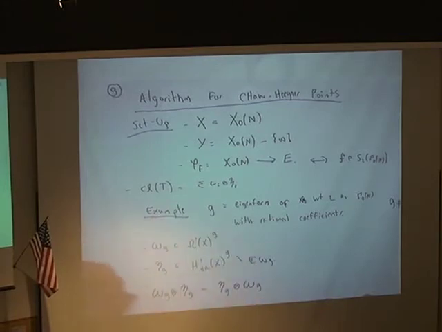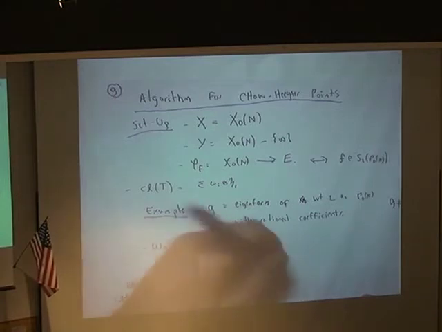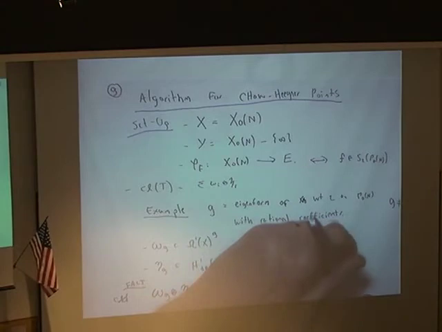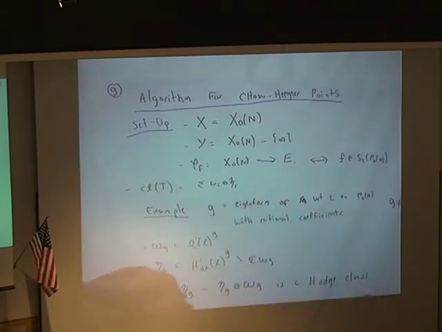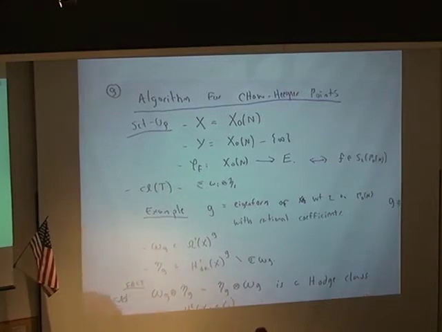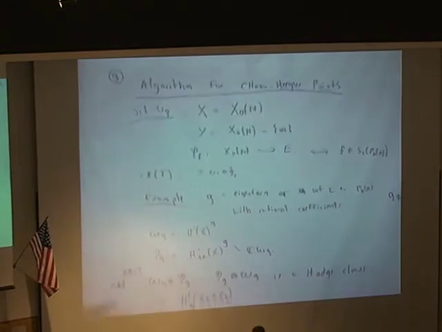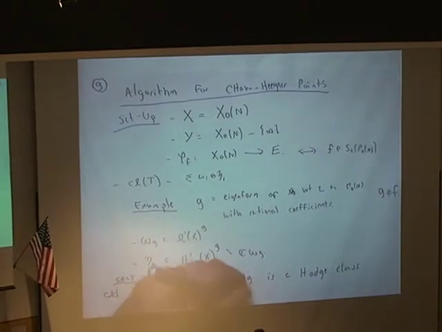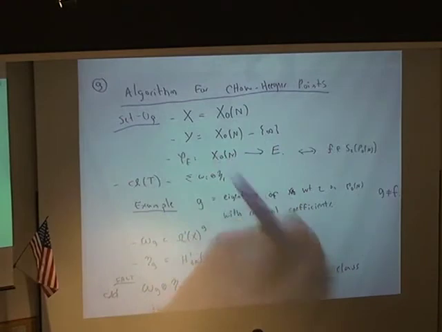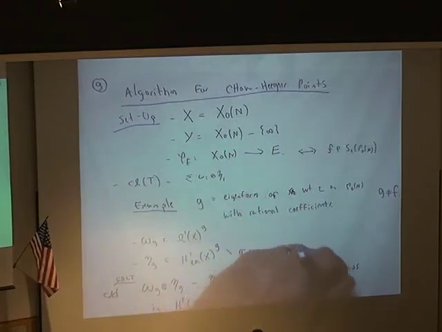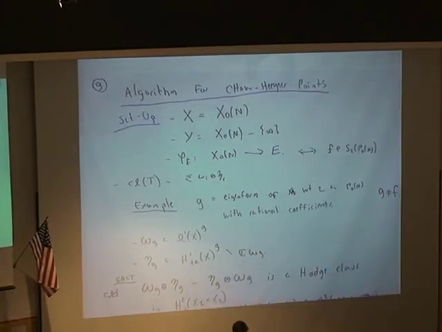So the claim is that this is actually a Hodge class in H2 de Rham of x1 cross x2, i.e. it belongs to Fil 1 of H2 de Rham of x1 cross x2 intersected with H2 Betti of x1 cross x2 with values in Z. So it has integral periods and it's of type 1,1. That's what we're saying here.